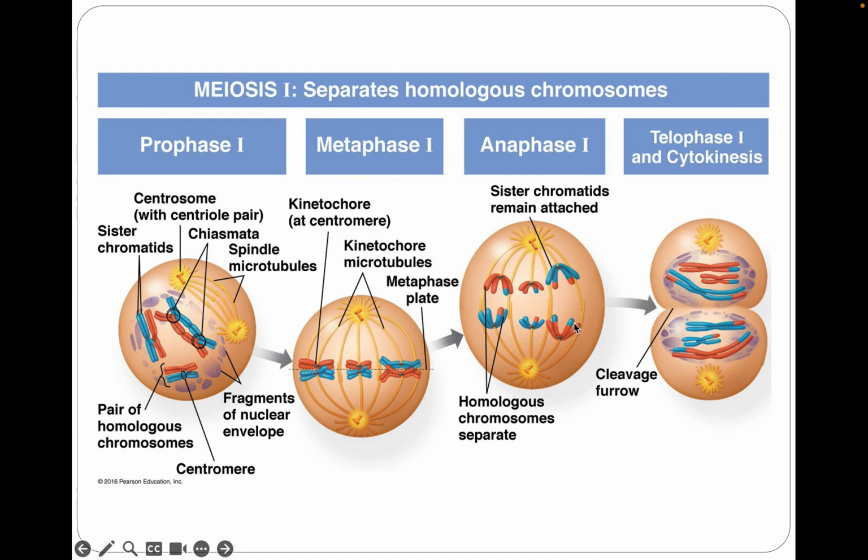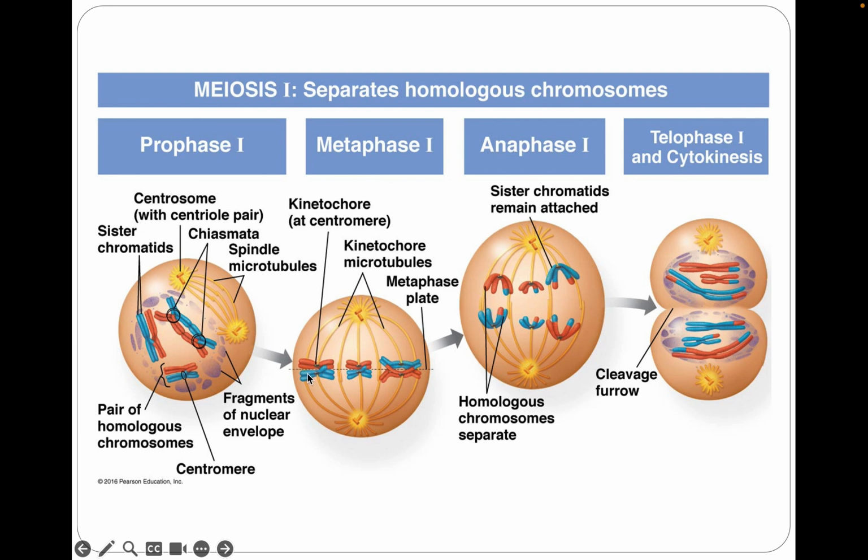Once we get to anaphase 1, the chromosomes aren't solid color anymore. What happened? Well, when the chromosomes line up at prophase 1, something called crossing over occurs. And where these chromosomes overlap, they swap chunks.